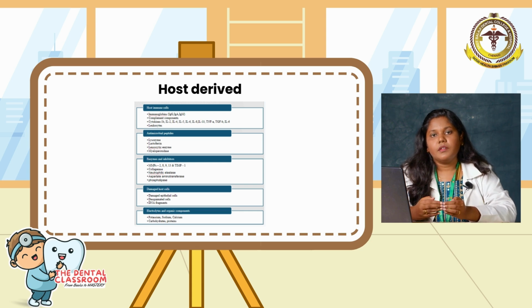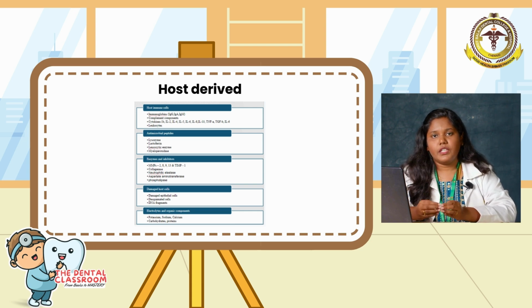Namely sodium, potassium, and calcium. Sodium is going to maintain the osmotic gradient of the solution, that is the gingival crevicular fluid, and potassium also maintains the integrity of the cell membrane, and your calcium is going to be involved in the cell signaling properties.